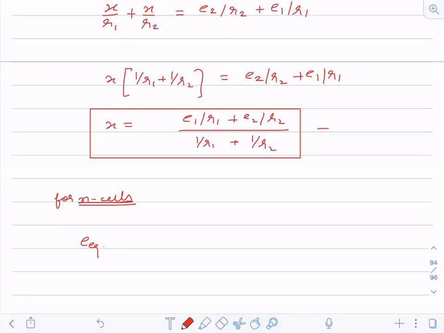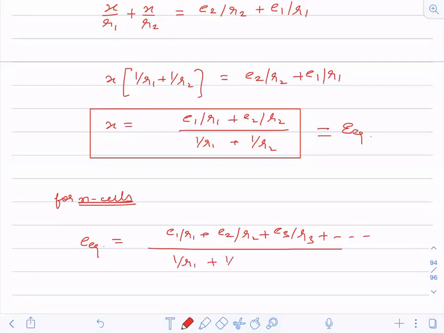The equivalent EMF you can write as E1 by R1 plus E2 by R2 plus E3 by R3 and so on, divided by 1 by R1 plus 1 by R2 plus 1 by R3 and so on. This is how you will write it for n cells, the equivalent EMF.